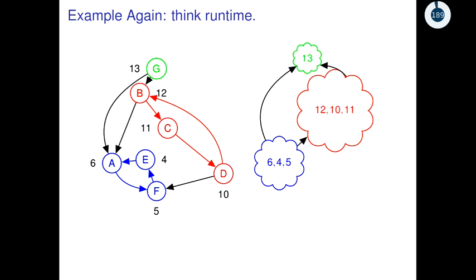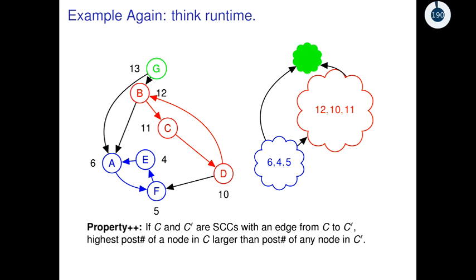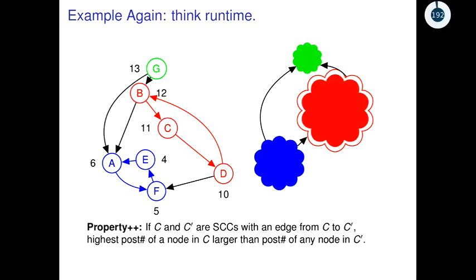And you can again think about runtime here. First I did this first thing, which took order V plus E to reverse the graph and then do DFS. And then when I do the explore, I only touch the nodes in the green component. I only touch the nodes in the red component. I only touch the nodes in the blue component. And that tells you it's linear time.